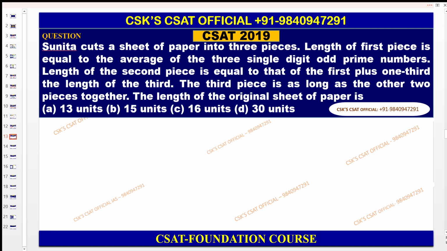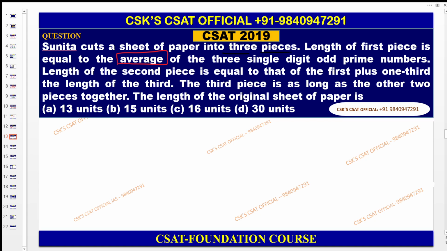Very good question. So here you need to understand something. I am taking this question because of only one word. Here you need to focus on something. Sunita cut a sheet of paper into three pieces.